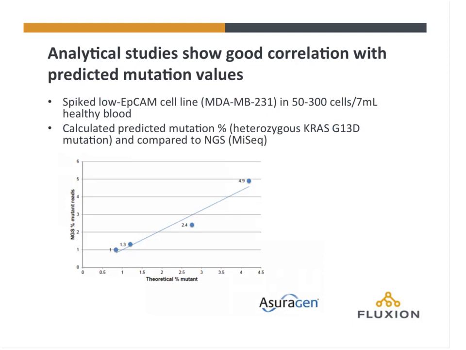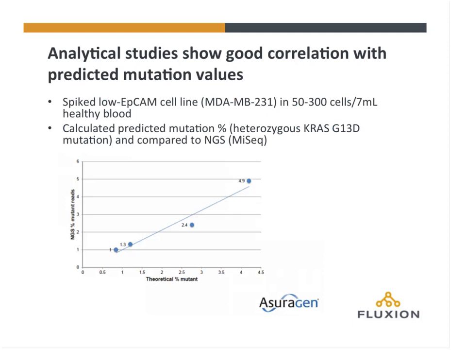In our initial analytical studies, we've shown that the IsoFlux samples can be recovered, frozen, and shipped to their core lab for sequencing. And in this data here, we spiked a low EpCAM expressing cell line, which is MDA-MB-231, in varying concentrations into tubes of whole blood. The cell line has a heterozygous G13D mutation on KRAS.